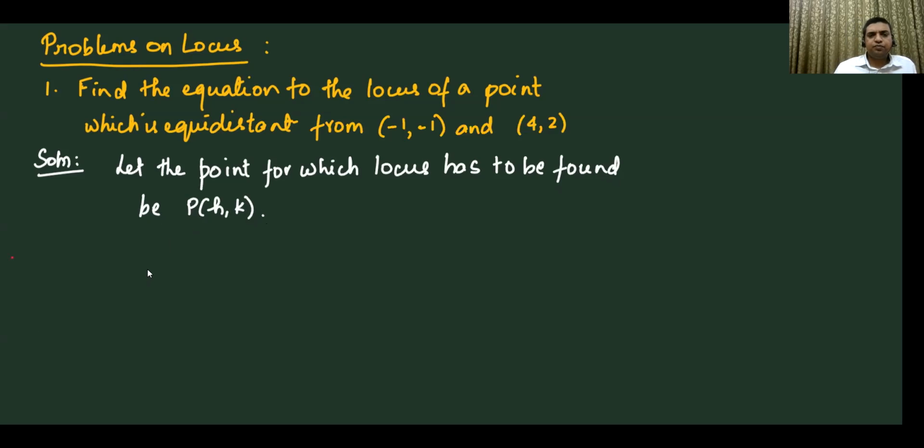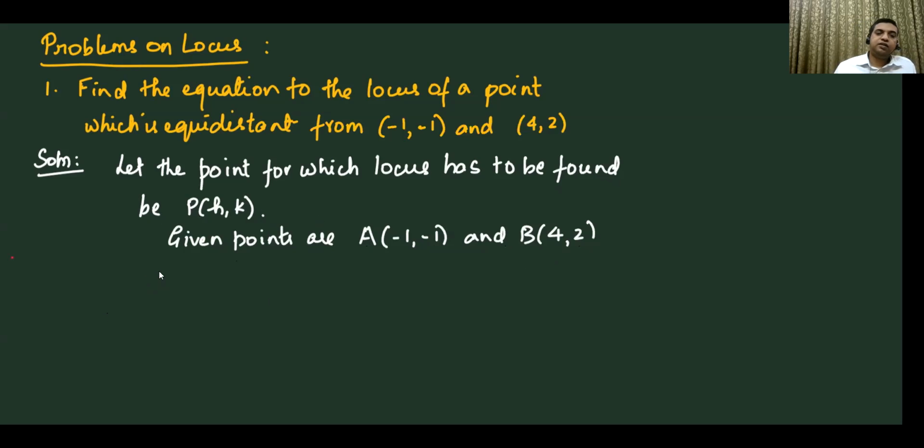All right. Now, given points are A -1 comma -1 and B 4 comma 2.